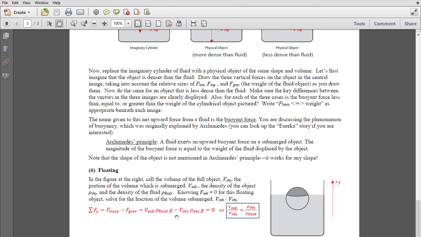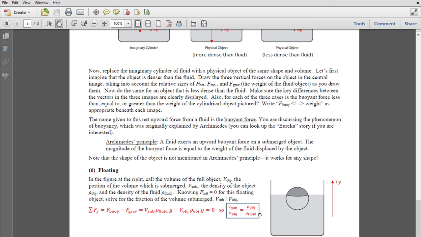And then the gravitational weight of the entire object is just the volume of the whole object times its density. That's the mass of the whole object, times little g gives me the weight of the whole object. Okay, so the sum of those is zero, and we can then solve for V sub over V object. The g's cancel out, and that tells us the ratio of submerged volume to total volume is the object density divided by the density of the fluid.